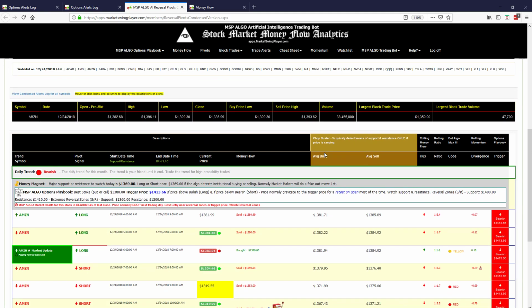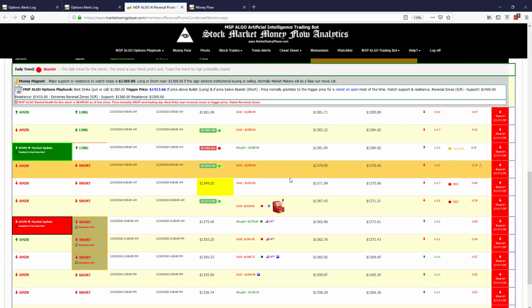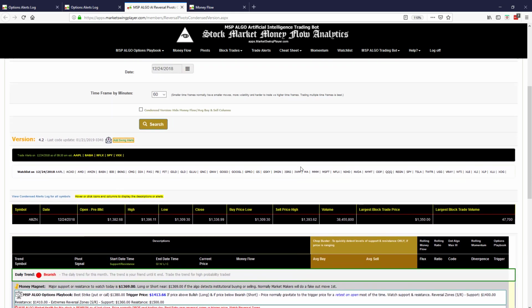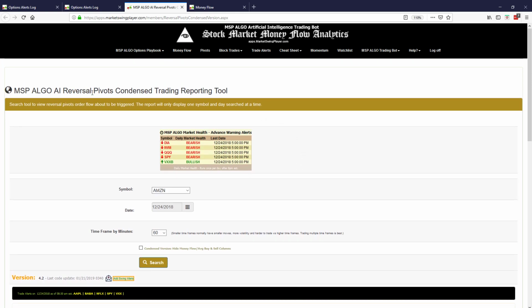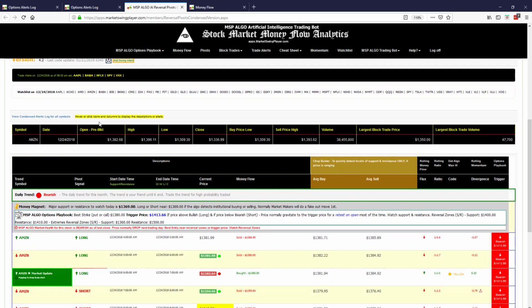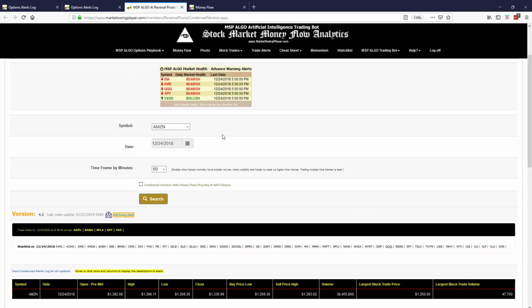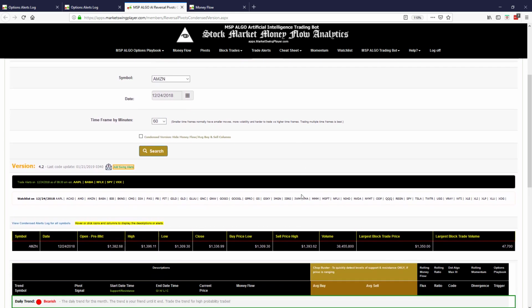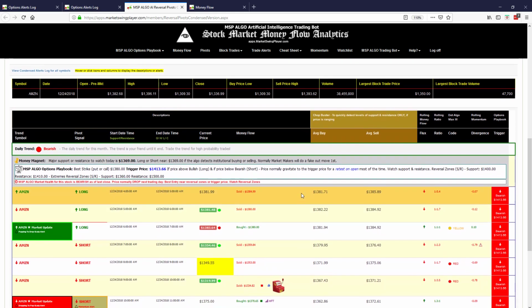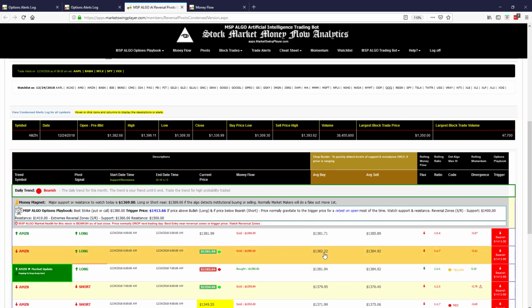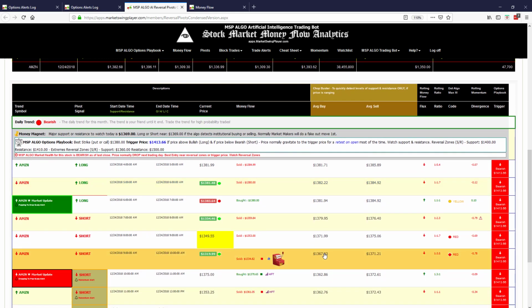So here's the 24th, here's Amazon. We can also see the alert using MSP Algo, the Artificial Intelligence Trading Bot. So we can see some price action. This is the 1 hour time frame here, and we've gone over this user interface on how to use it.